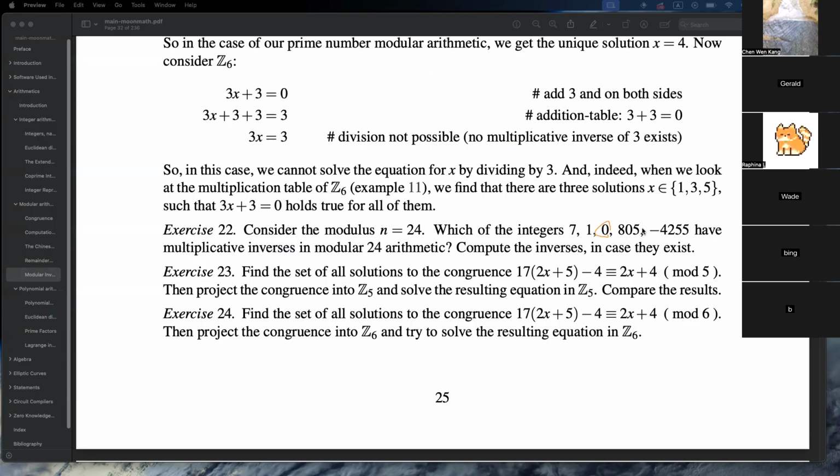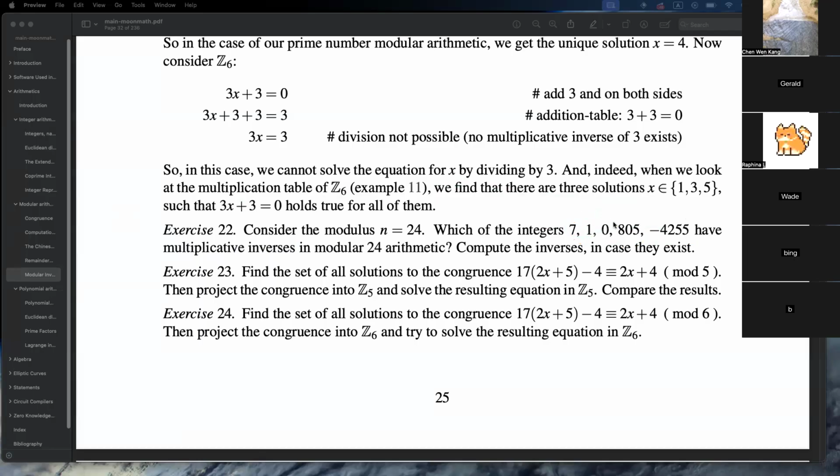805 is a coprime. And this, let me see. This, I believe, also is a coprime. So I believe other than 0, all of these should have a multiplicative inverse.